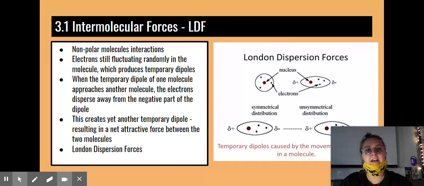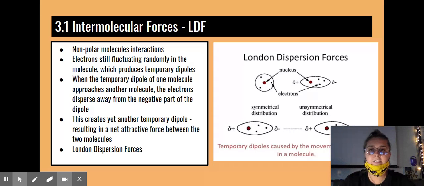All right, LDF, otherwise known as London dispersion forces. So these are nonpolar molecule interactions, the electrons still fluctuating randomly in the molecule. So again, you've got your nonpolar, but those electrons are still moving around and still shifting. And when they do this, it produces temporary dipoles.